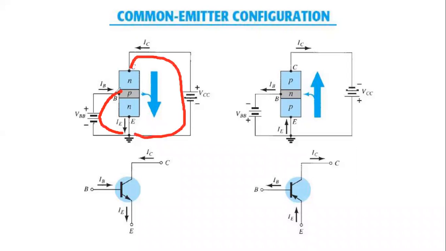That's why you can say the emitter is common in both the input side and the output side. It's similar in the PNP transistor also: base and emitter is input, and collector and emitter is output. So that's why it is known as common emitter configuration. Always remember that the emitter is common in both the input side and the output side.